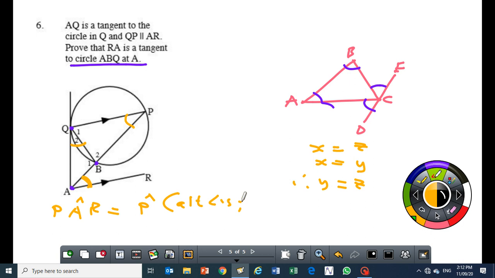Then you must state the lines that are parallel, that is, QP is parallel to AR. That's where you start.